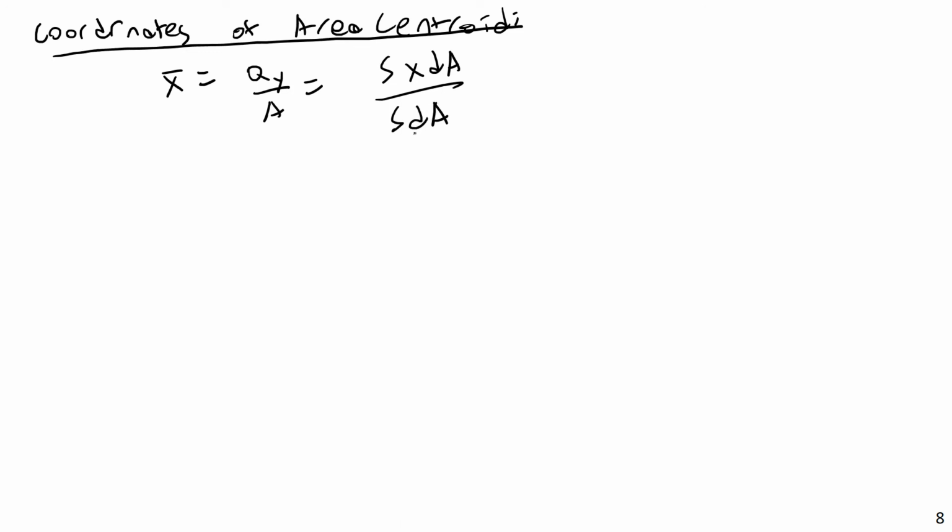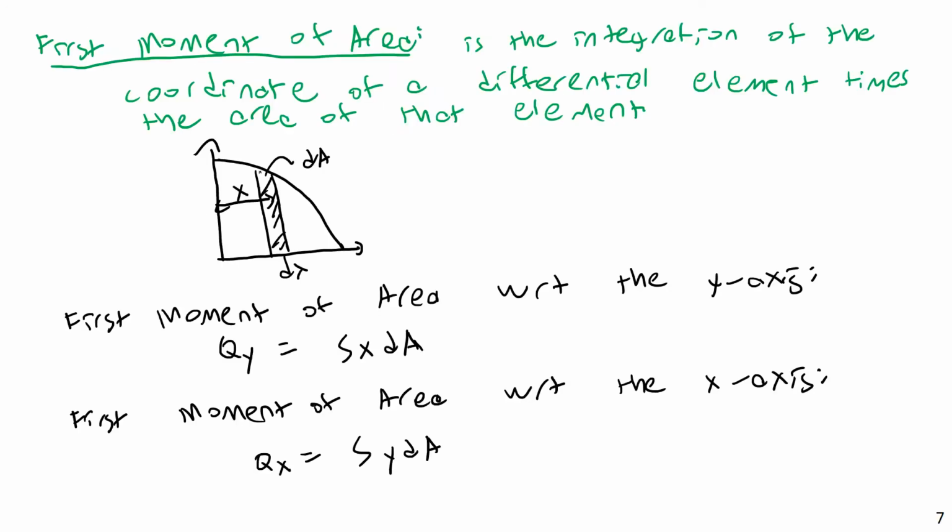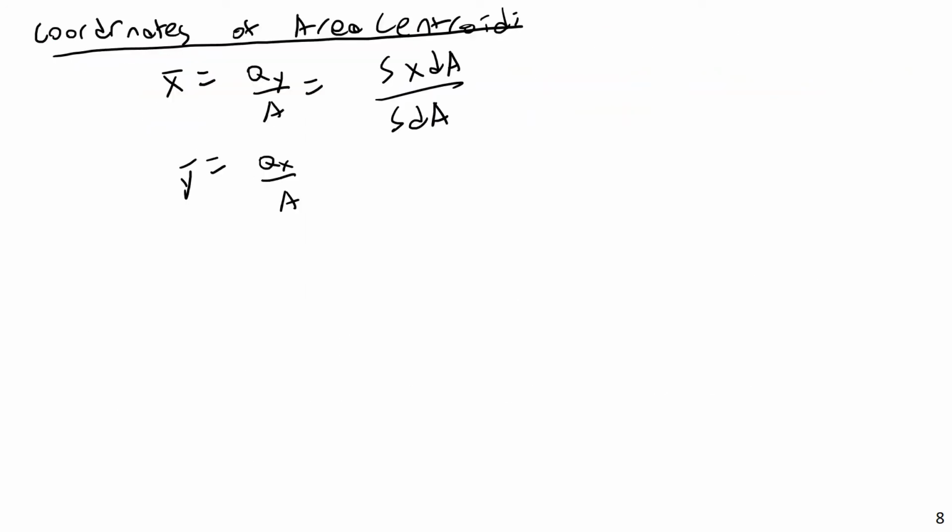The integral of dA is just going to give you your overall area, and y bar is equal to Qx divided by A, again sort of a weighted multiplier of the amount of area and how far you are from the x-axis. So Qx is the integral of y dA. Again, x does not go with x and y does not go with y in this case. So that would be the integral of y dA divided by the integral of dA. Or if you already have the area of the shape, you can just divide by A.